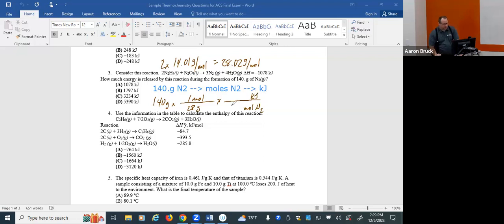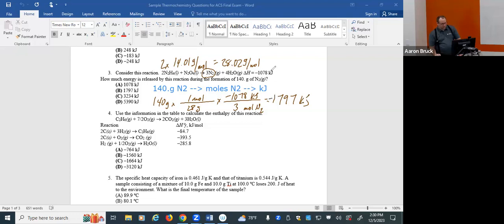This is where the balanced chemical equation comes in. The balanced equation says I have 3 nitrogens for every 1,078 kilojoules. So 140 times 1078 divided by 28 divided by 3 gives me 1,797 kilojoules.